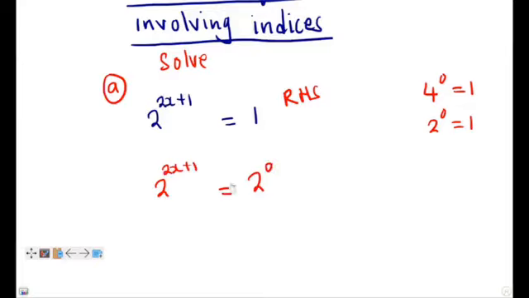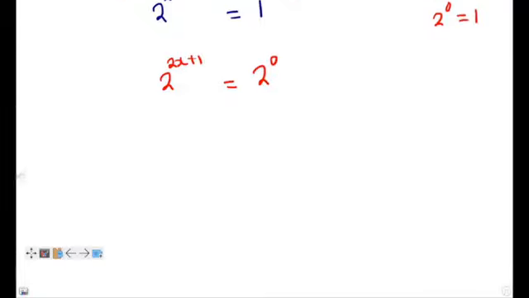Now, from this stage, you can see the bases are the same on the left-hand side and the right-hand side. If the bases are the same, you equate the powers. So you write 2x plus 1 equal to 0. I've just equated this power to this power because the bases are the same.